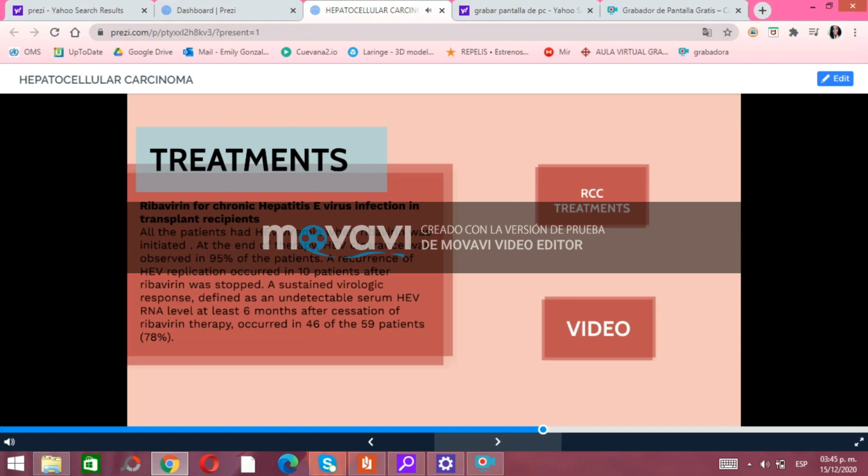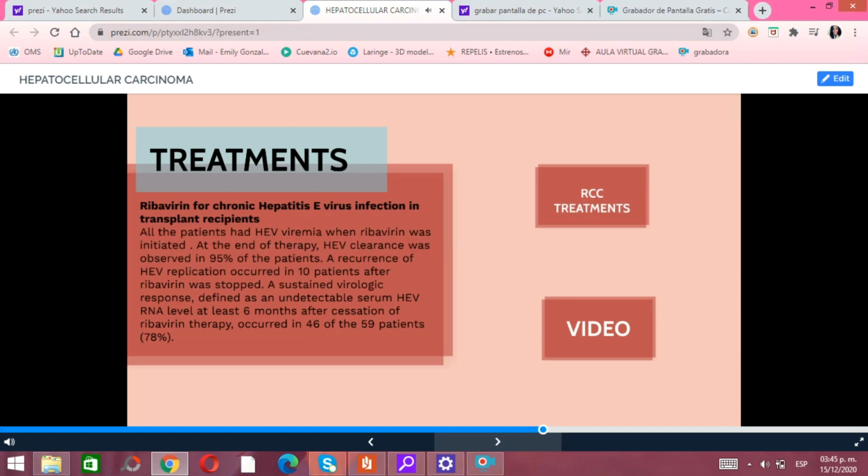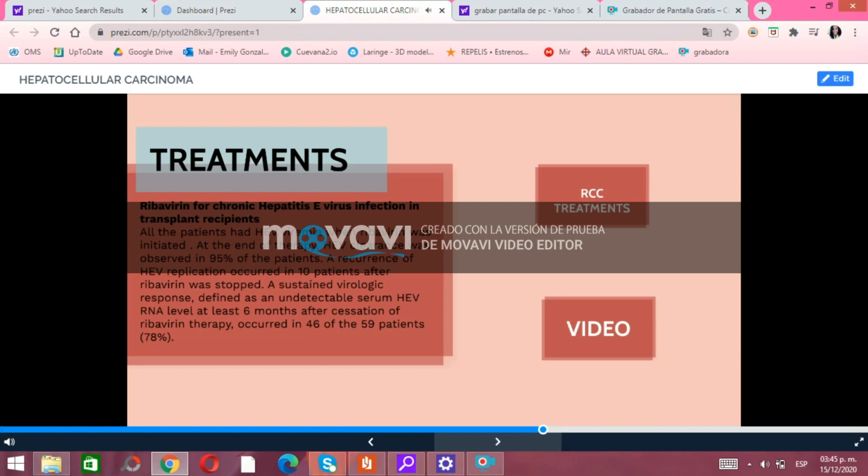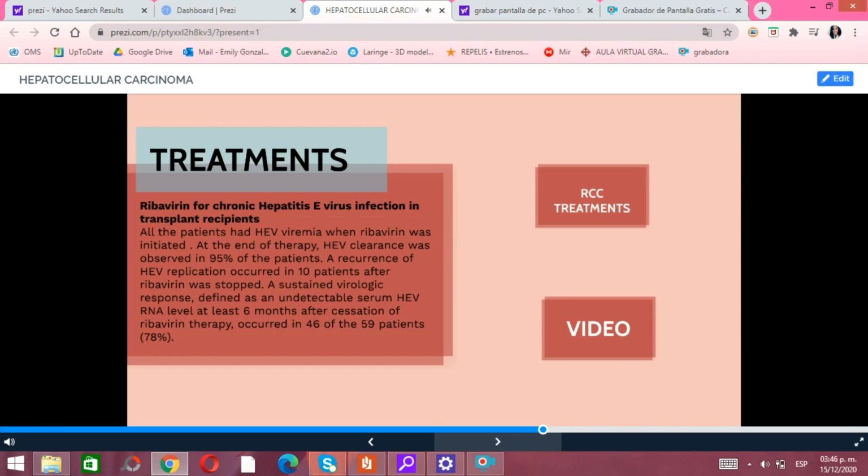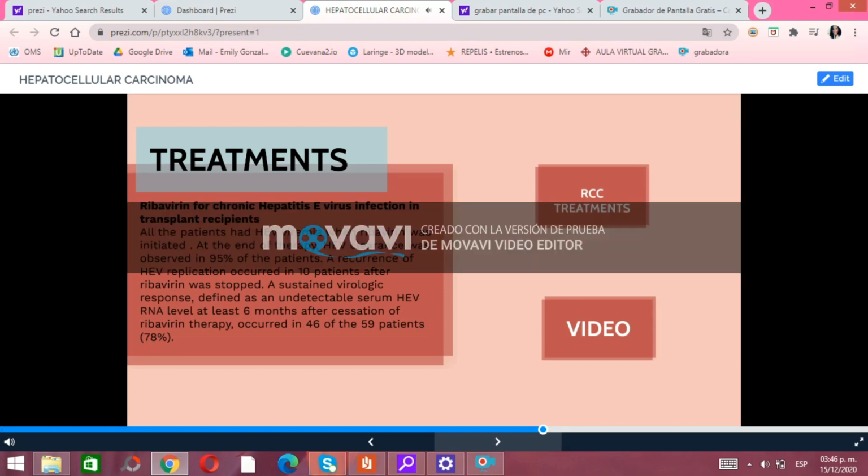HEV replication recurred in 10 patients after ribavirin was stopped. Sustained viral response, defined as an undetectable serum HEV RNA level at least 6 months after the end of ribavirin therapy, occurred in 46 of the 59 patients, 78%.